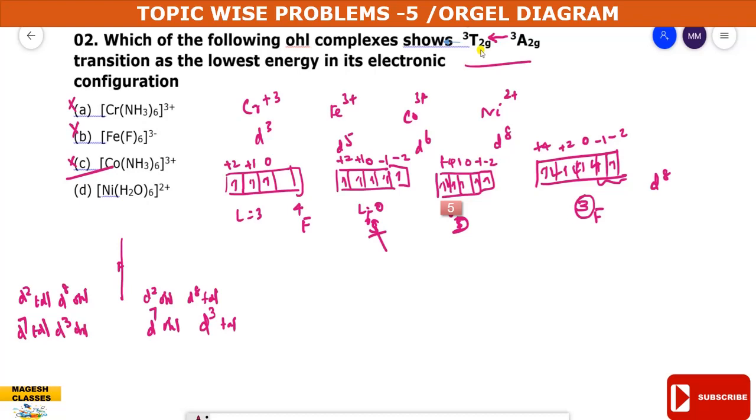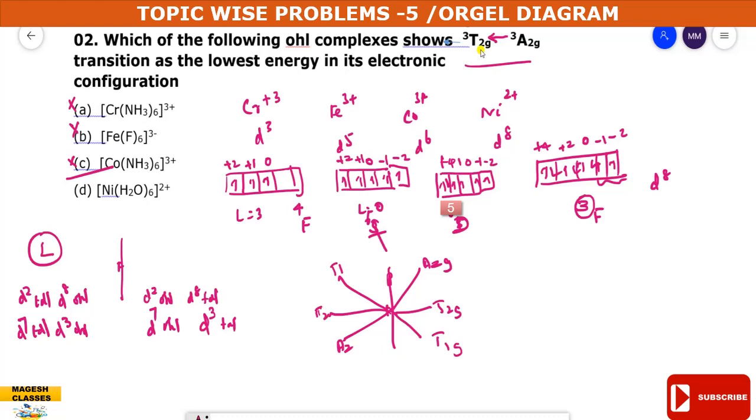So the Orgel diagram on the left hand side, you can draw it. It is T1g, T2g, and it is A2g, and one P term crossover is there. So here A2, then it is T1, and it is T2.